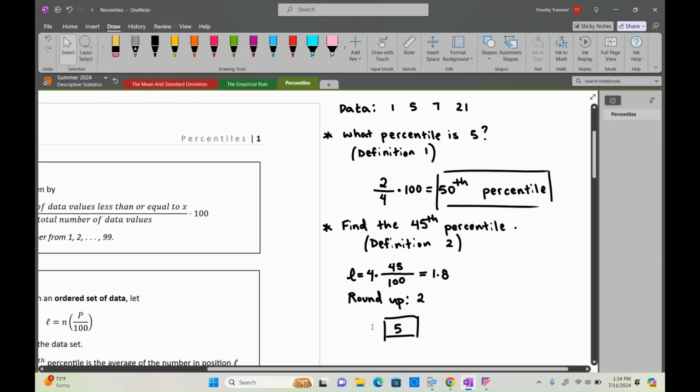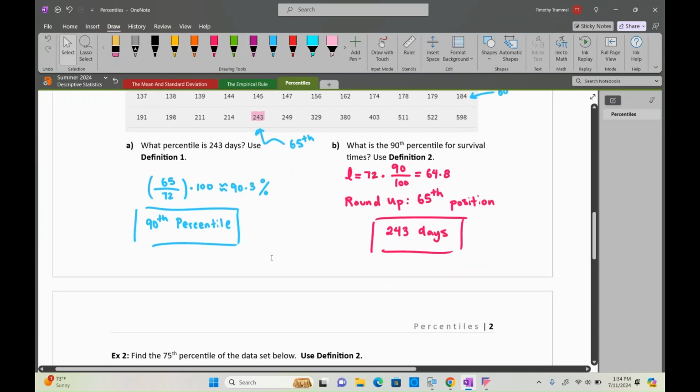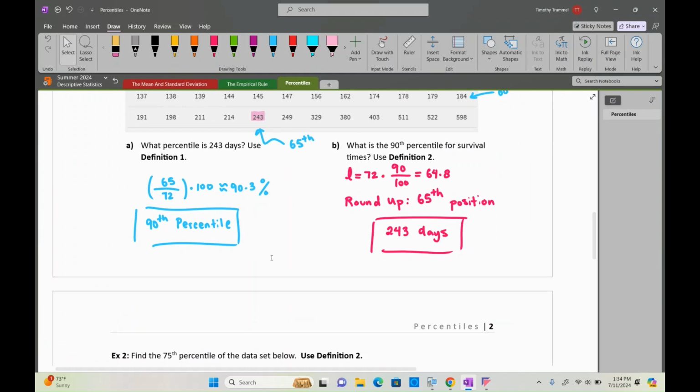When we have larger data sets, talking about percentiles makes a lot more sense. And again, you can see here we didn't have a discrepancy between the 2 definitions. We ended up with 243 as being the 90th percentile using either definition.